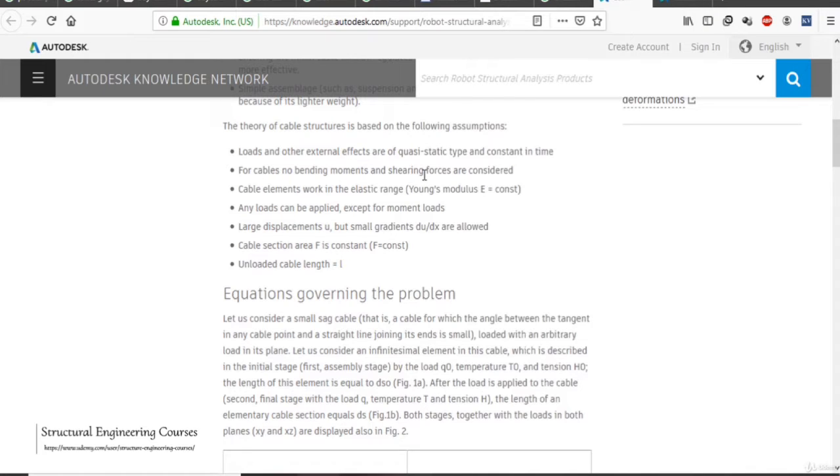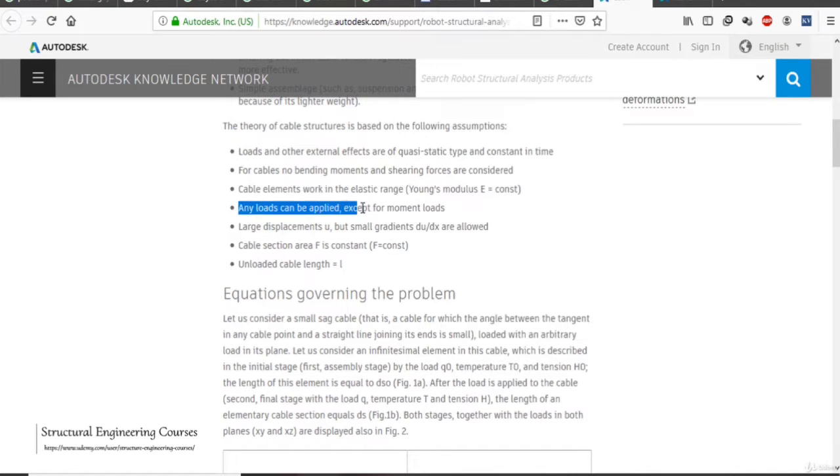The theory of cable structures is based on the following assumptions. Loads and other external effects are of quasi-static type and constant in time. They are not dynamic. For cables, no bending moments and shearing forces are considered. That is another theoretical concept. Cable elements work in the elastic range only.